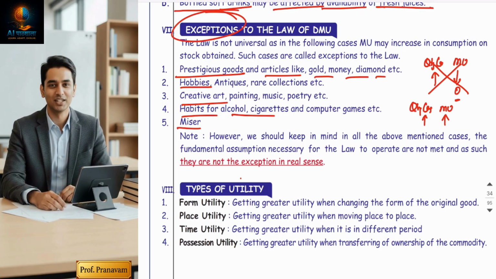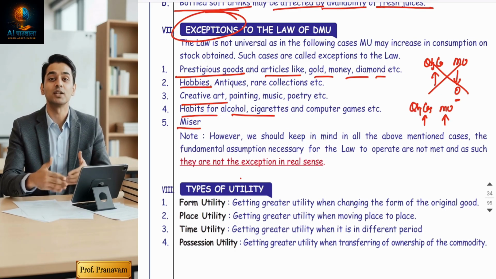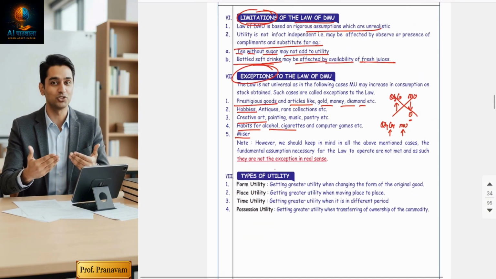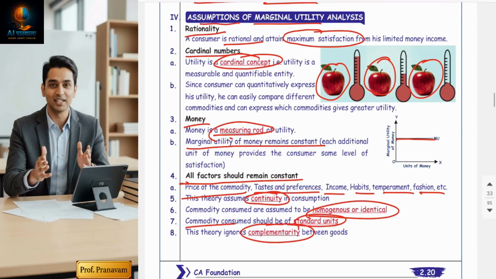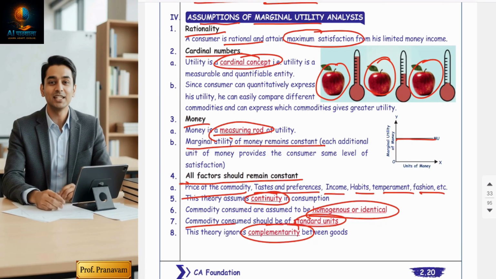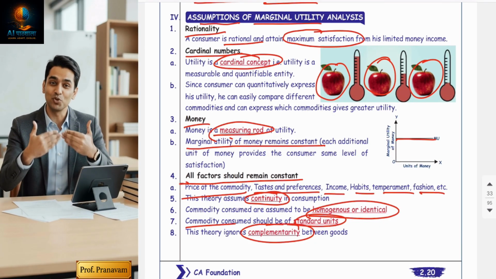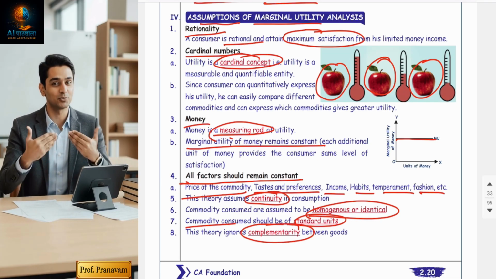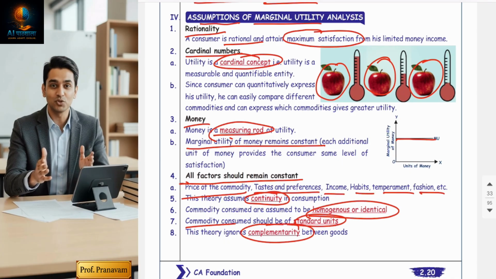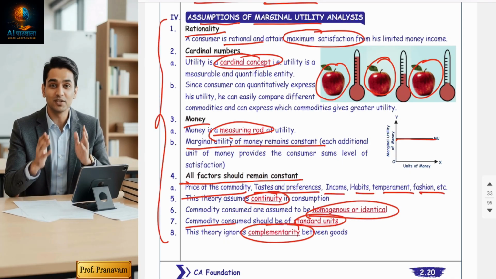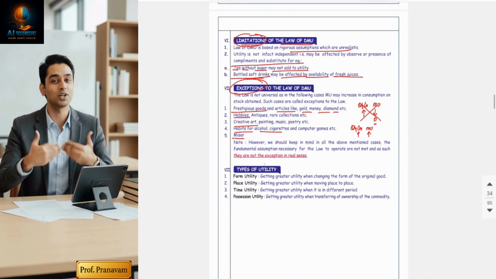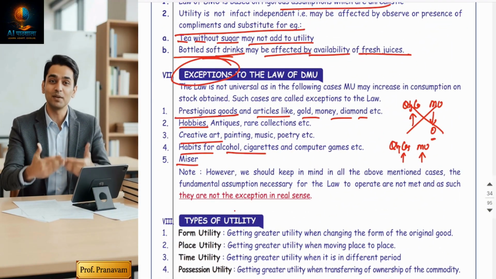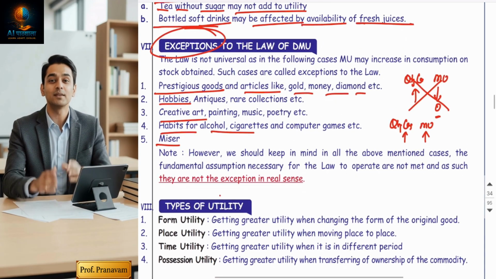But you know what? When these exceptions were derived, these are not realistic exceptions, because in all the exceptions, some one of the assumptions has been broken. Real exceptions will be considered only when they go against the law while respecting all these assumptions. But in all these exceptions, some other assumption has been broken. So these are not realistic exceptions.